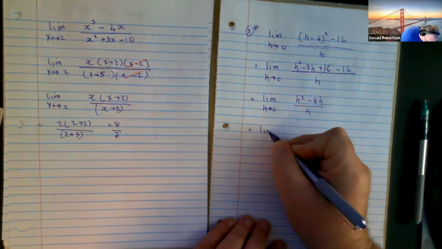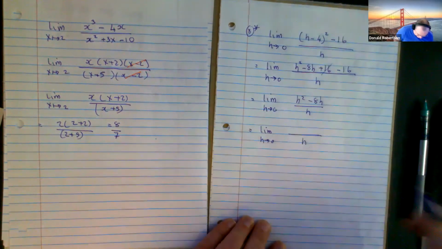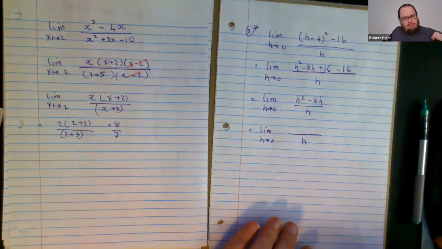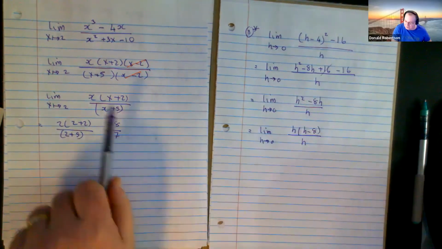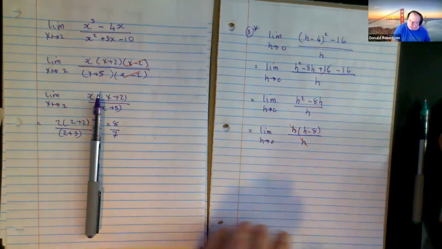Anybody got a suggestion about a factor? Well, really it has to be the top because there's nothing left on the bottom. What would you factor out in this top expression? Factor the h out. And isn't that a good sign that it is an h? Because those can cancel.